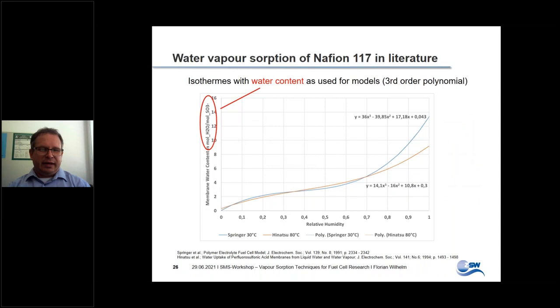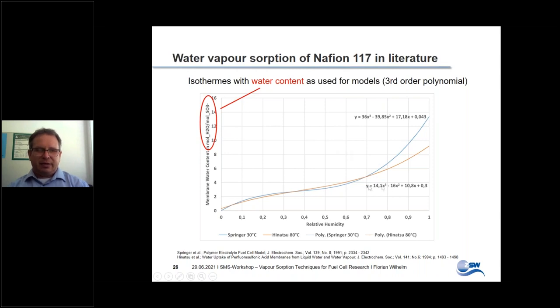Now calculating the water content, so that is lambda as before, from the water uptake results in this diagram as shown here. So this is now just calculating the moles of water per mole of sulfonic acid group as defined before.